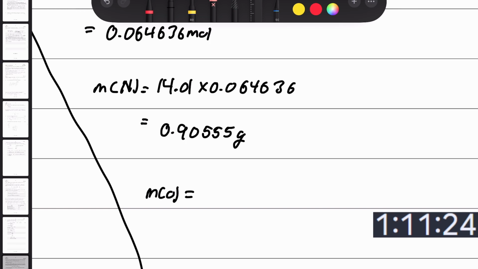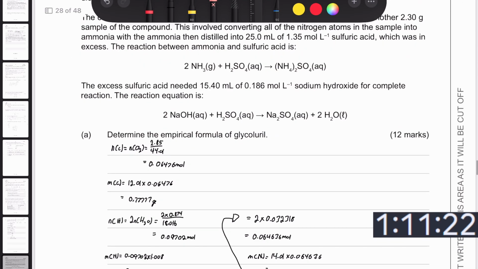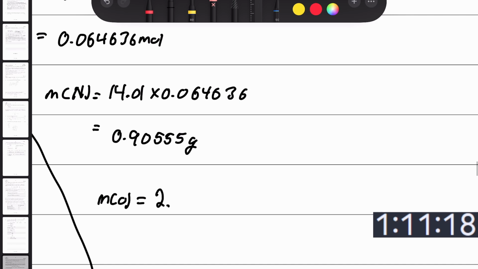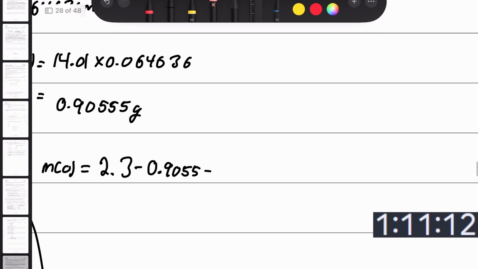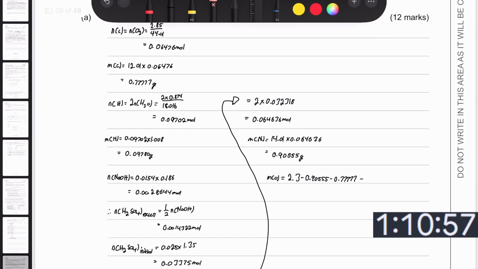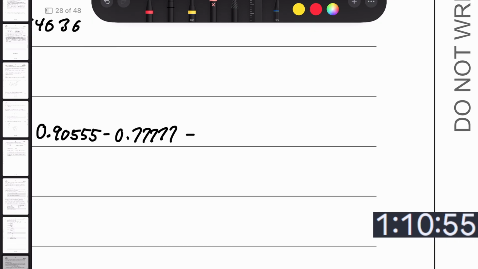So my mass of oxygen is going to be equal to 2.3 minus 0.9055 minus 0.7757, minus 0.0978.